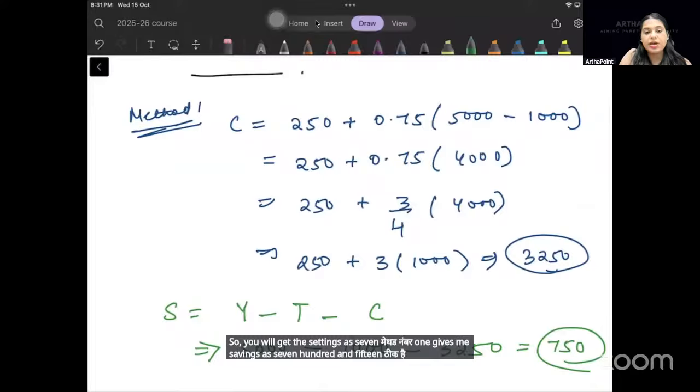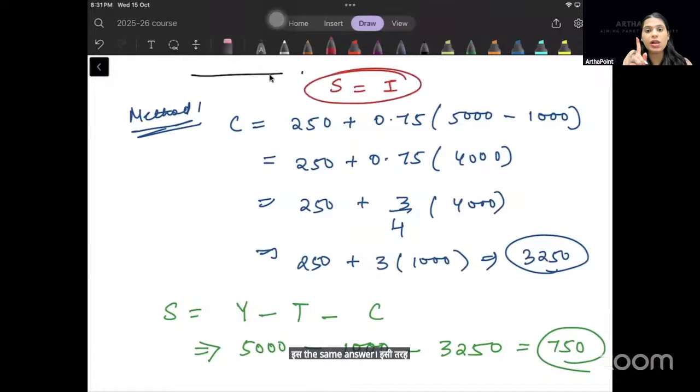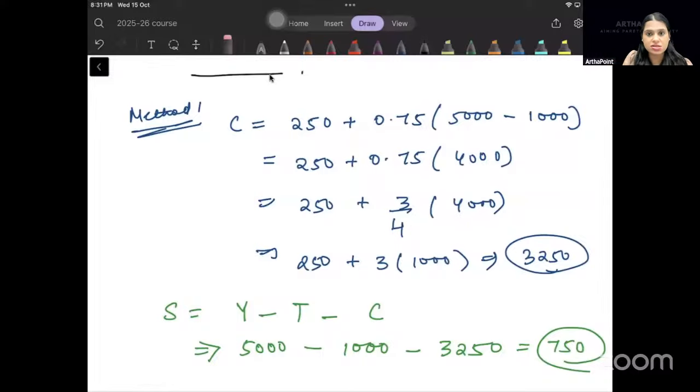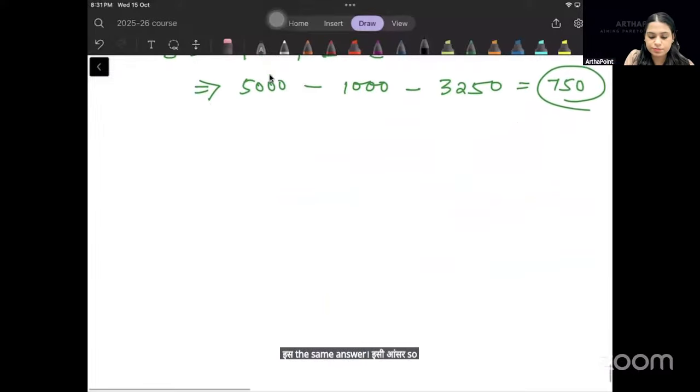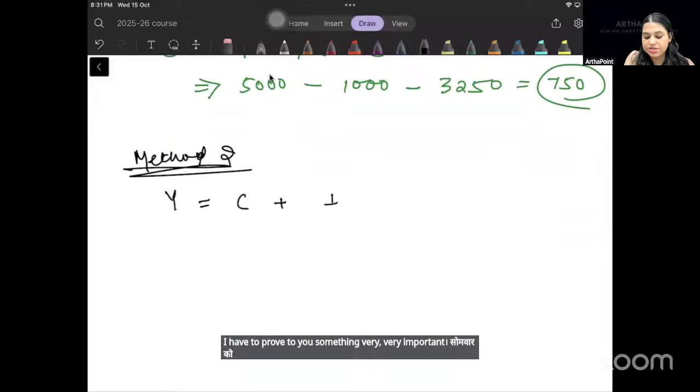Okay. Let us see if we get the same answer if we use the concept that savings and investment should be equal in the closed economy. Do we get the same answer or not? If we use that equation in the economy, what will we get the answer as? I have to prove to you something very, very important. So see here. So Y equal to C plus I plus G, right?